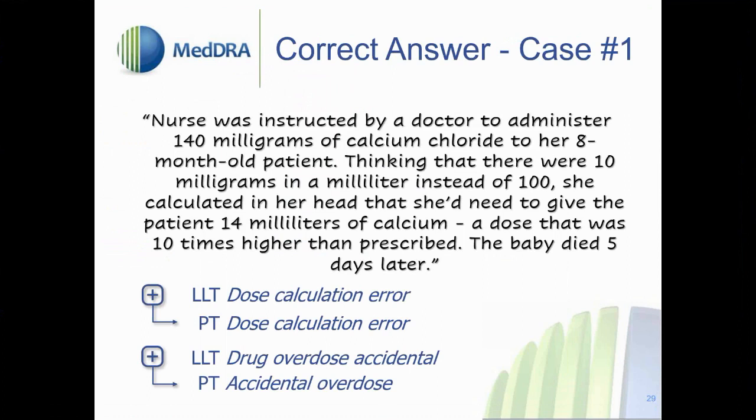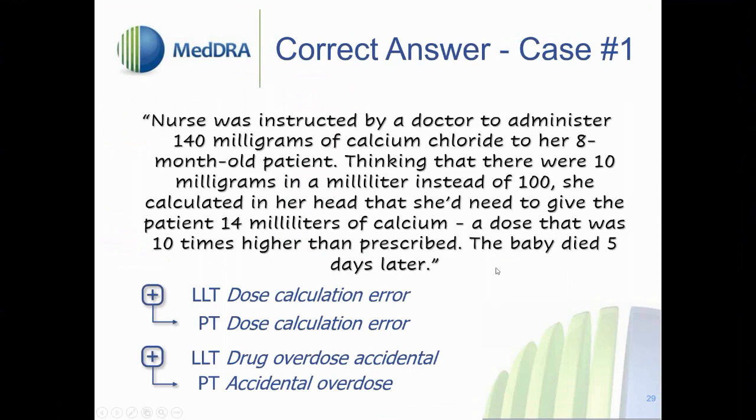So it was an overdose, and the baby died at the end. So that's why we would select drug overdose accidental. It captures the accidental nature of the event and also the overdose, and that it was a drug.